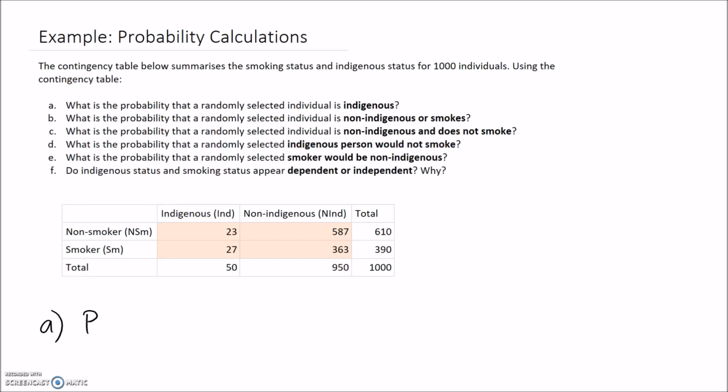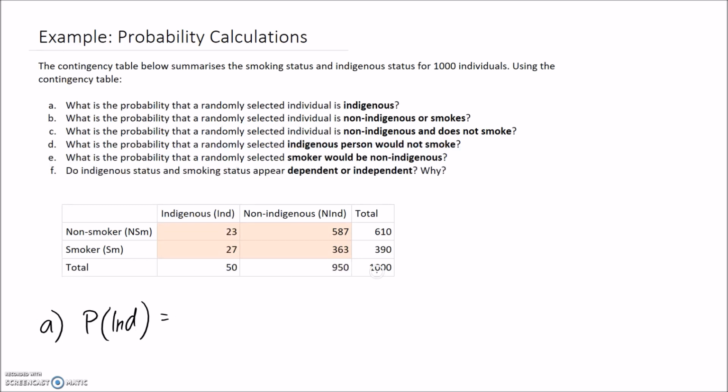So to write this out, we say P for the probability of our event, and that's that we have an indigenous person that we randomly select. Now you can see I've got some little abbreviations here to try and make it quicker to write these out. So indigenous, I'm just going to use IND. And we should be able to take this from the margin of our contingency table.